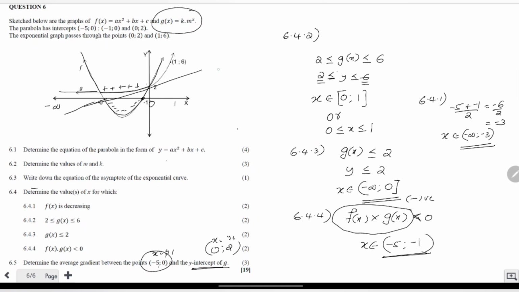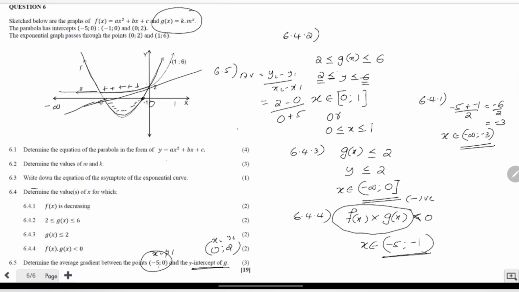Okay, so let me write it here, 6.5. x1, y1, x2, y2. So what is the formula? Average gradient formula is y2 minus y1 divided by x2 minus x1. So y2 is 2 minus 0, divided by x2, which is 0, minus minus 5.